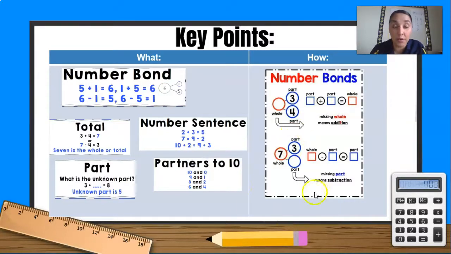And if you're missing a part, that means you have to subtract. And we always start with a whole, which is the big number. Whole minus part equals a part. Take a mental picture of that. And we're ready to start.